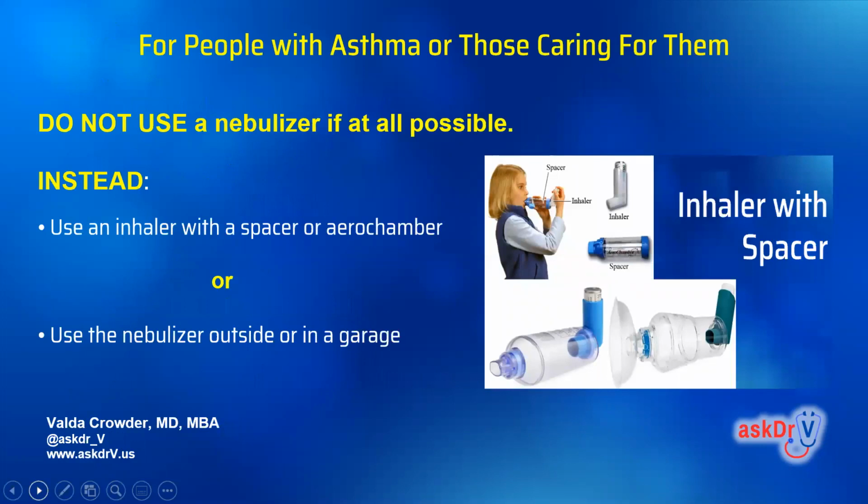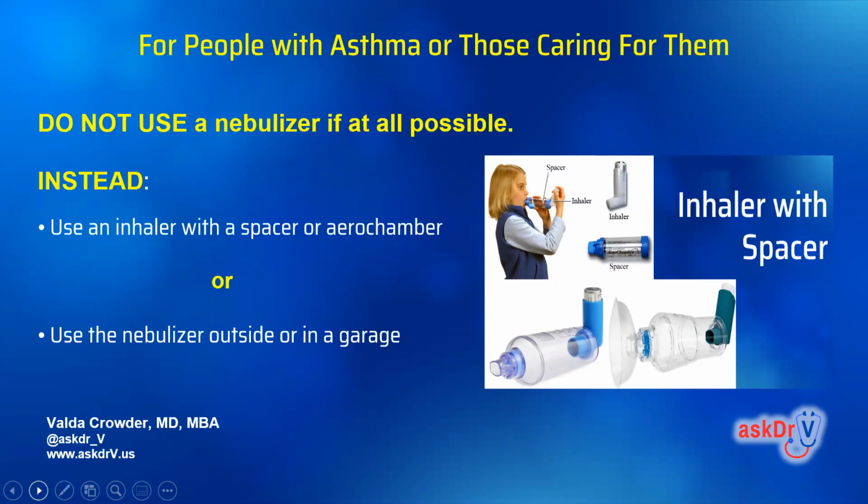Now, for those with asthma or people caring for people with asthma, please do not use a nebulizer if at all possible. This is a droplet disease that gives you symptoms of shortness of breath, so you may think you're having an asthma attack when you actually are having COVID-19. You use your nebulizer, you aerosolize the droplet, and everyone in the home will get it unless they're on a respirator.